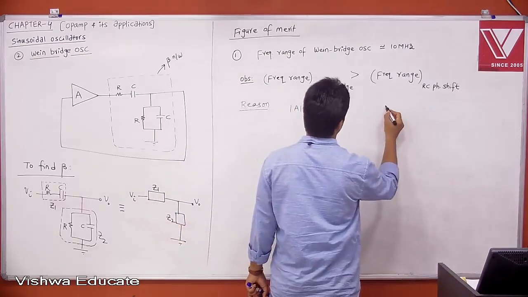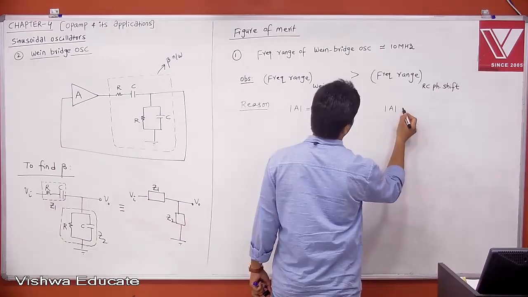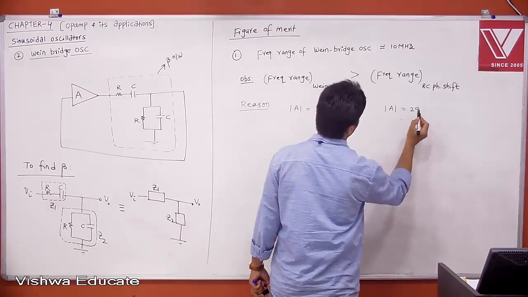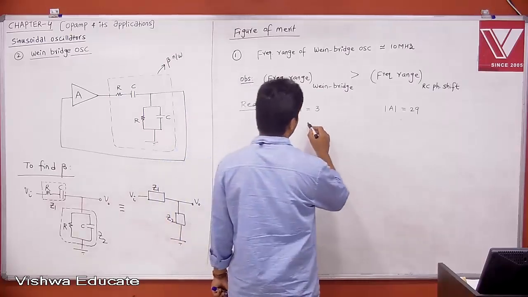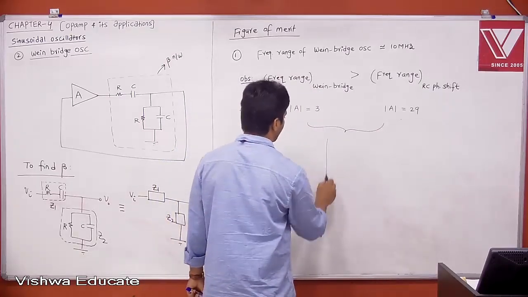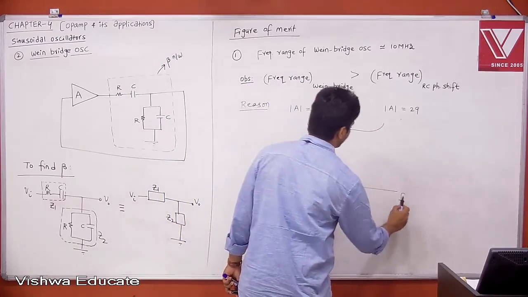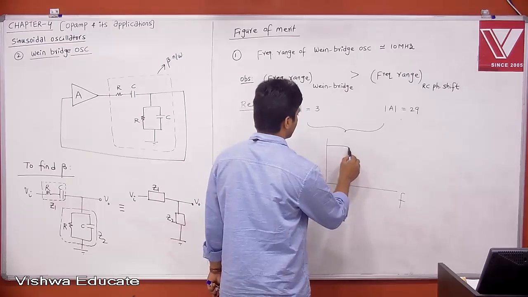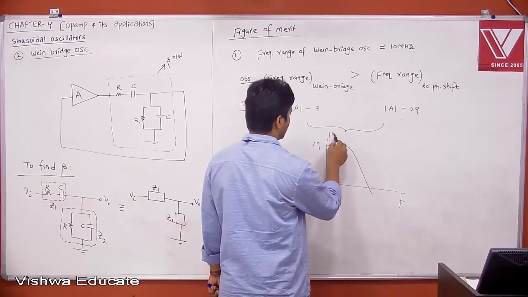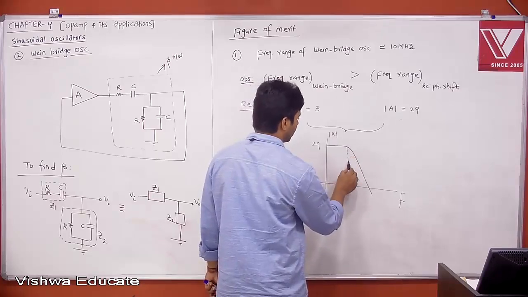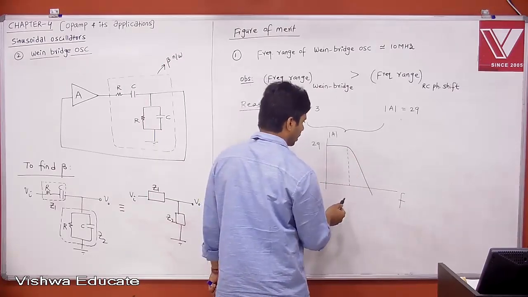In the case of the RC phase shift oscillator, the open loop gain requirement is 29. Okay, then if I combine gain into bandwidth, this is the frequency. If you take mod A, that is 29, but the bandwidth associated is 100 kHz, let us say.